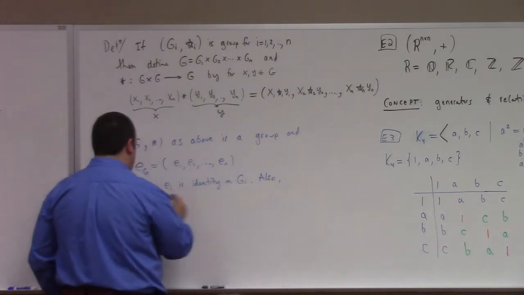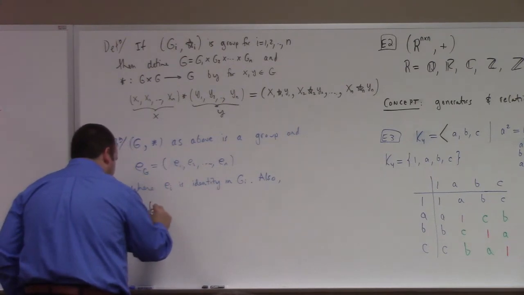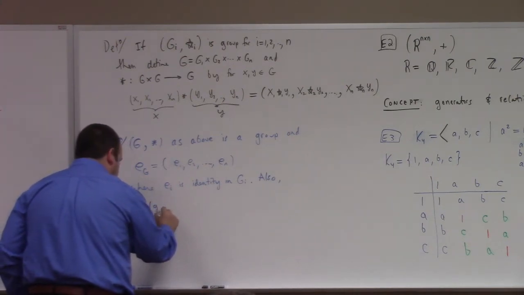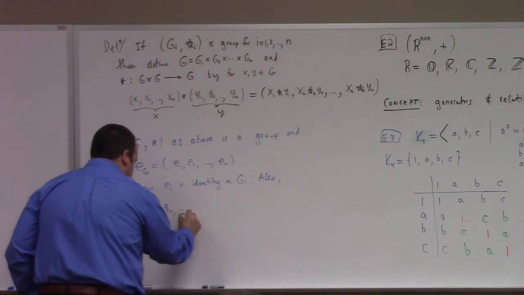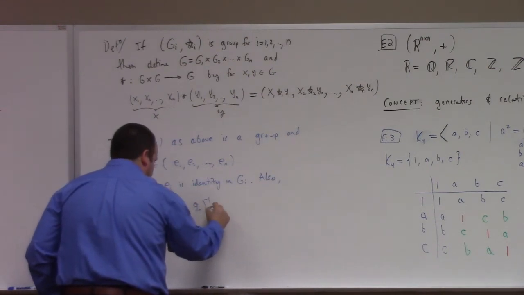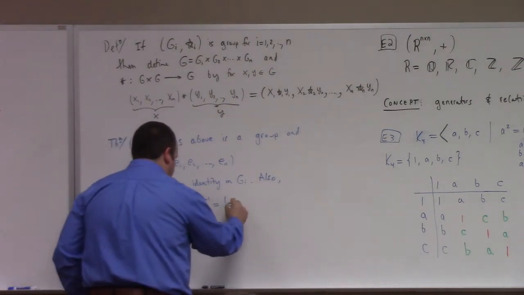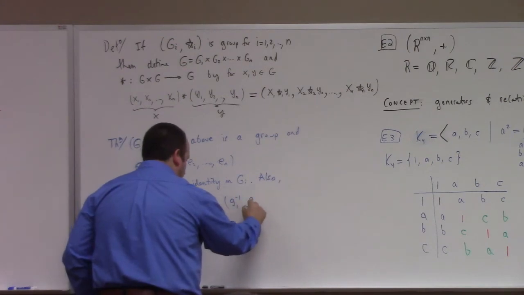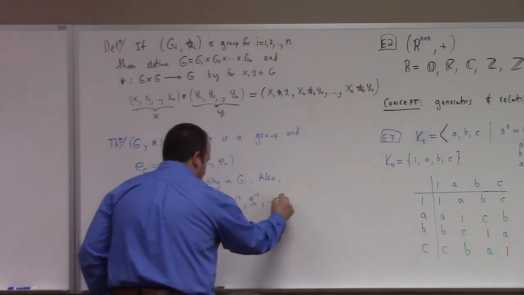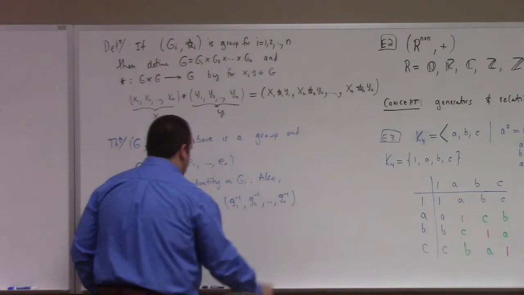Also, the inverse: if I have (g1, g2, ..., gn) and I calculate the inverse of it, it's the tuple of inverses, so it's g1 inverse, g2 inverse, ..., gn inverse.